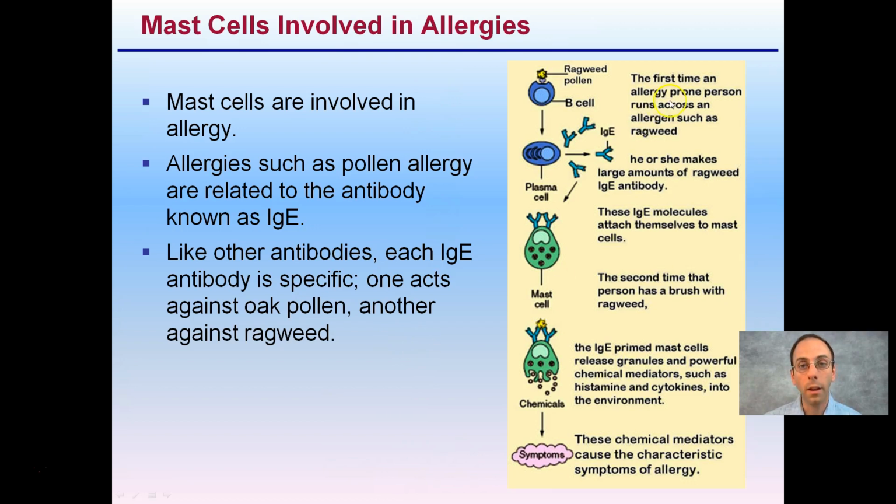The first time an allergy-prone person runs across an allergen such as ragweed here, he or she makes large amounts of ragweed IgE antibodies. These IgE molecules attach themselves to the mast cells. The second time the person has a brush with ragweed, the IgE-primed mast cells release granules of powerful chemicals known as histamine and cytokines into the environment, and as a result the chemical mediators cause the characteristic symptoms of an allergy.